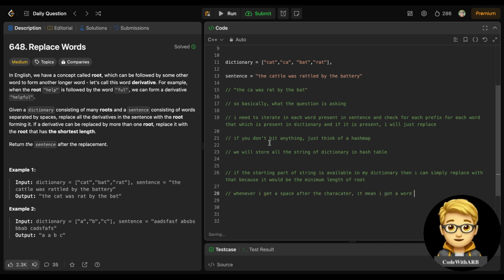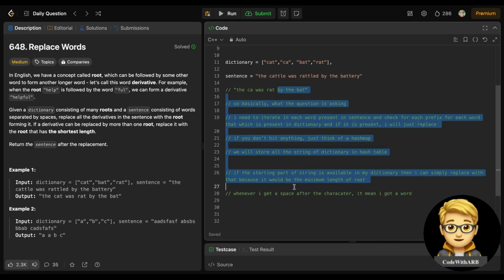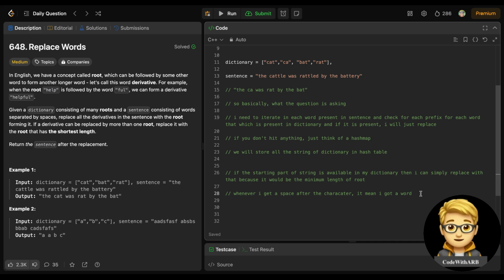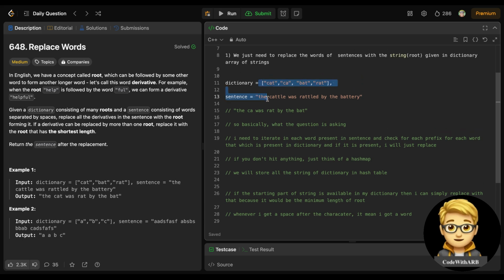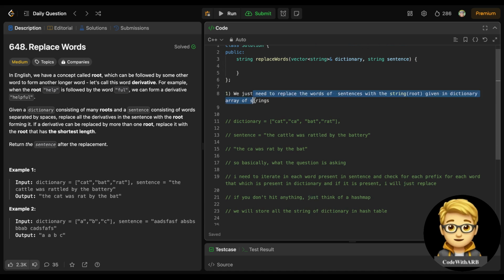So this is just the implementation now, because the approach is clear: we will use a map to store all the words of the dictionary, and we will move through the sentence to check whether the individual prefix of each word of this sentence is present in the map or not. If it is, then I will simply replace it. If it is not, I will just put it in my answer, right? That's only the approach.